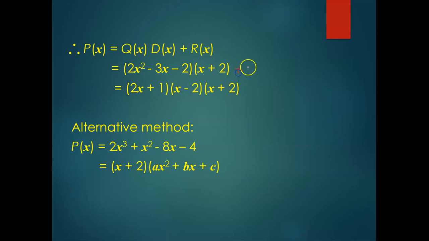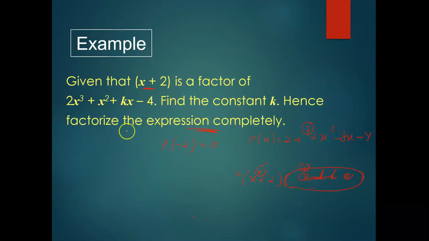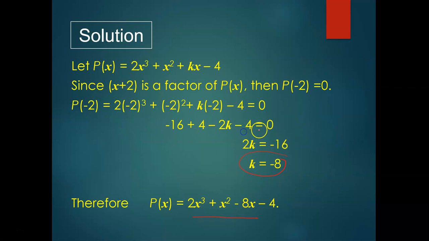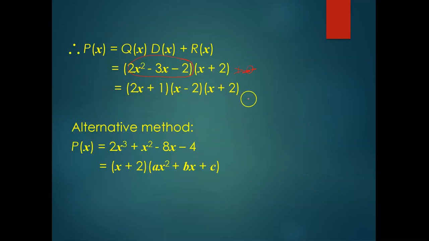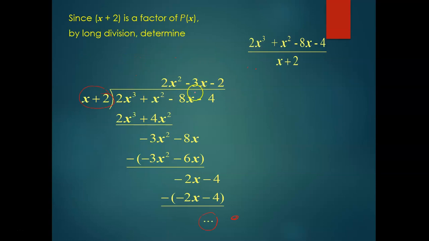So here you don't have to write plus 0, no need, just leave it like that. Then this quadratic, if you can factor it, you must factorize because the question is factorize completely. So you must factorize completely, then settle here if you are using long division.